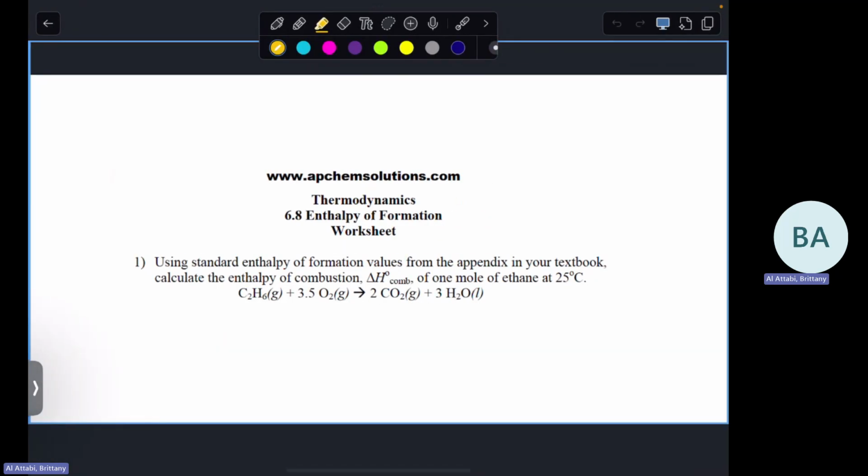You're going to need your reference packet out for this. There is a table here that has a whole bunch of standard enthalpy of formation values.